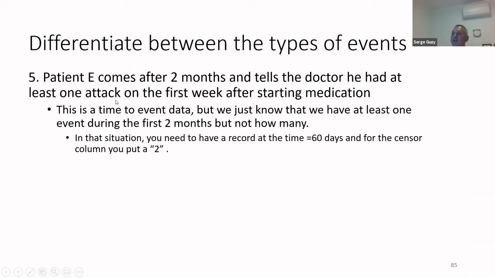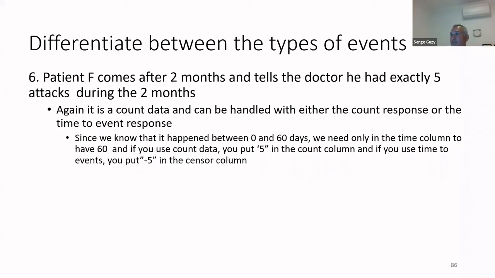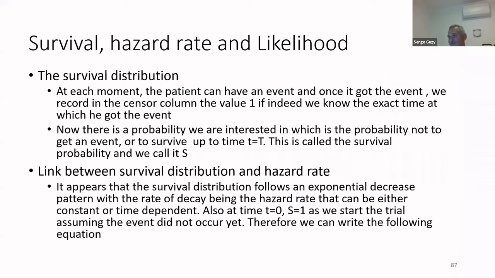In other words, either 1, 2, 3, 4, 5, etc. That's basically what you need to know. And again, the sixth scenario is exactly like the scenario that we talked about when we were talking about count data, so I don't need to repeat that.